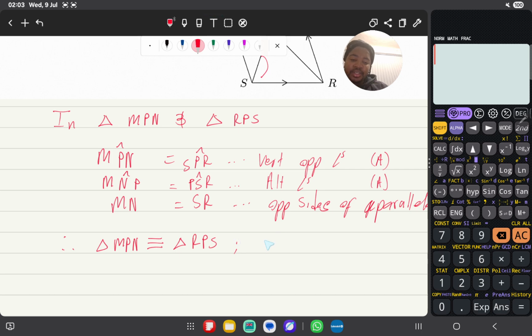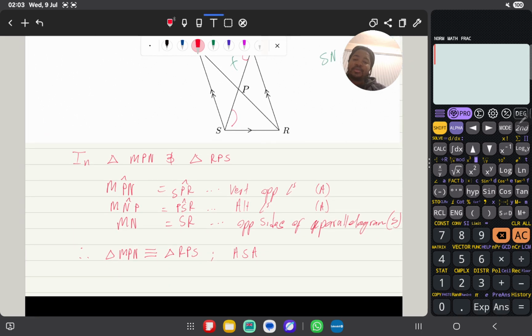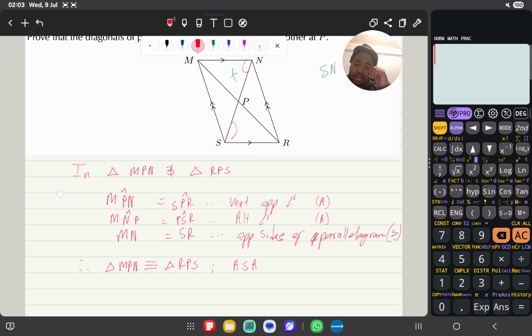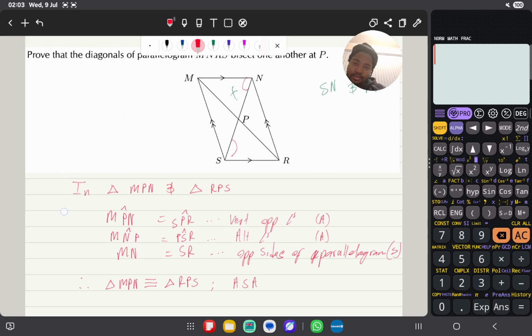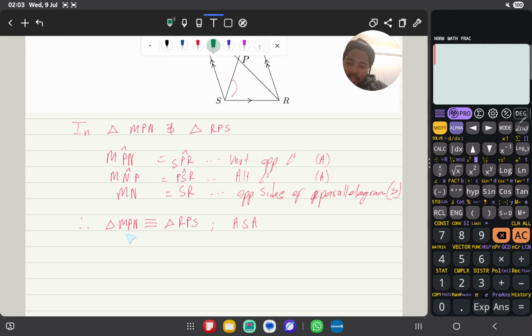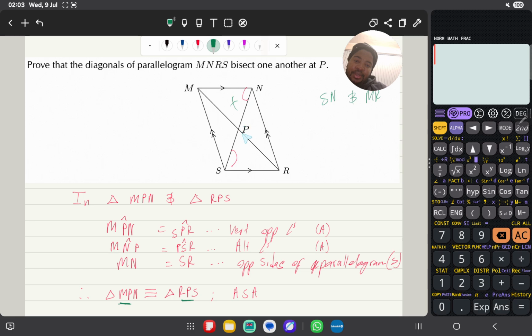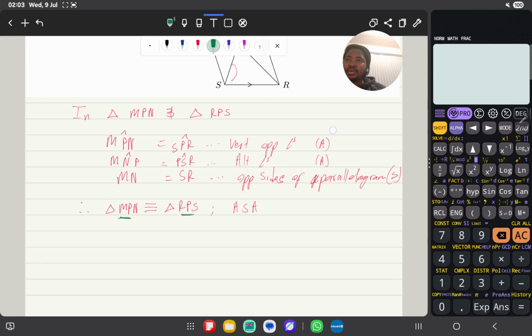And the reason is angle, side, angle, right? And then now what are we getting from here? We are getting that the focus is MP. I will highlight it here. So MP and RP are therefore equal. MP and RP, they are equal, right?